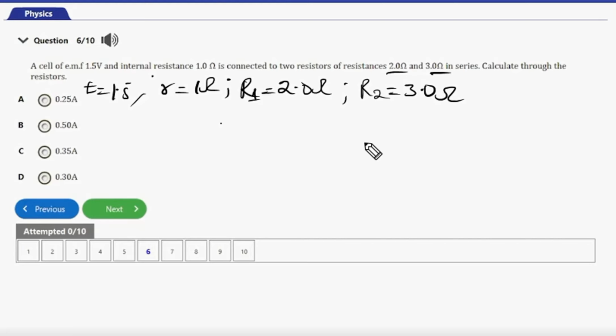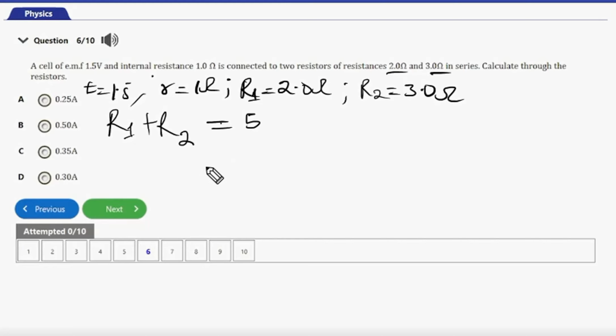So in order for us to calculate the current here, we are going to first of all solve for the effective load resistance here. So that will be R1 plus R2. Since the resistors are connected in series here, that will be 2 plus 3, which is 5.